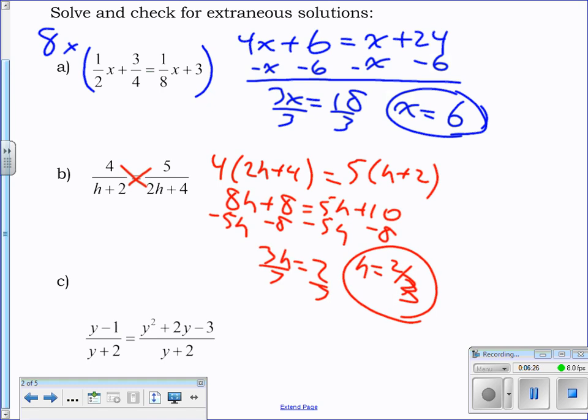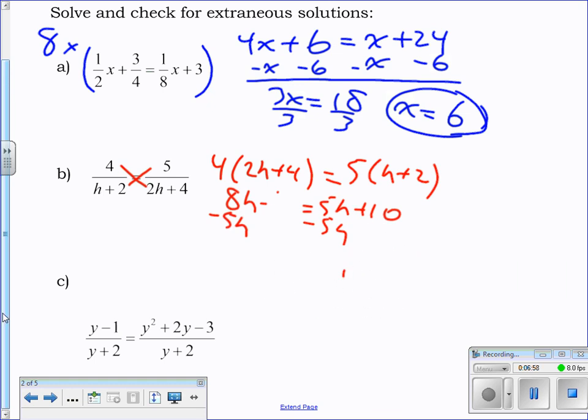Now, I have to check my answer. If h is 2/3, do I get 0 in either denominator? Let me redo that: 16 minus 16.